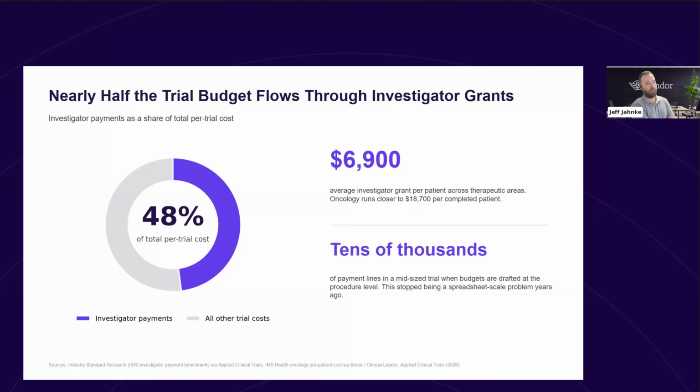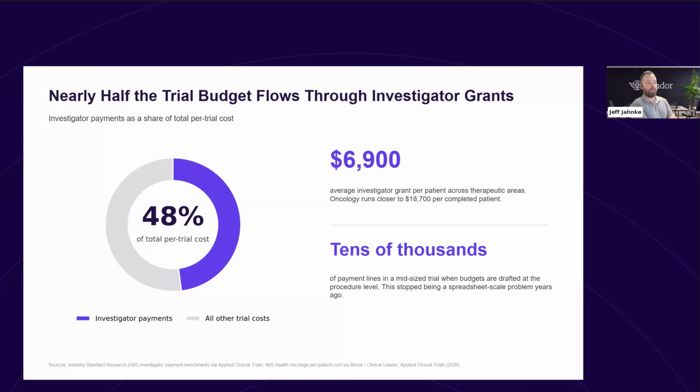$18,700 per completed patient. But in reality, depending on the phase, the specific indication, and the protocol, we all know those costs can oftentimes be astronomically larger. You're approaching six figures per patient on some very in-depth rare disease and oncology protocols.